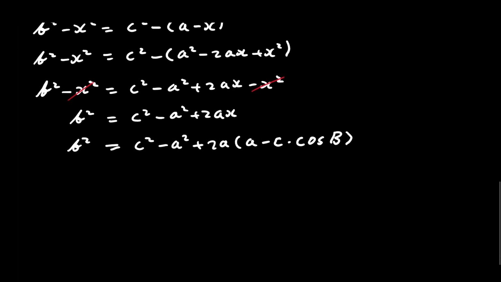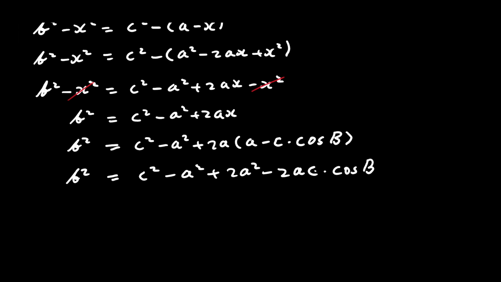A minus c times the cosine of the angle b. So now, just doing some algebraic simplification, we have b squared equals c squared minus a squared plus 2a times a. Well, that's 2a squared, minus 2a times c times the cosine of b. Now you can see that we have this negative a squared term and this positive 2a squared term.